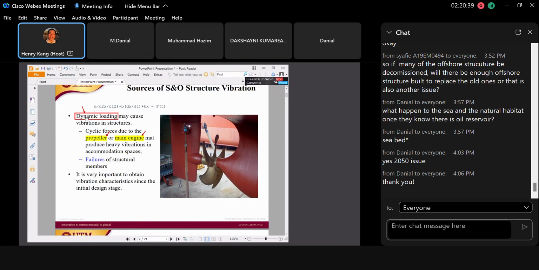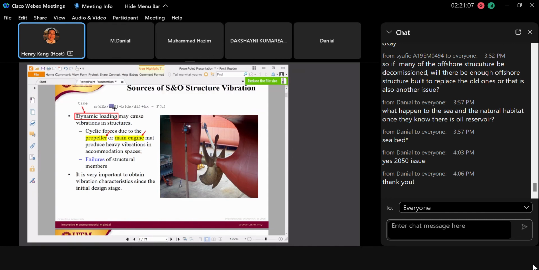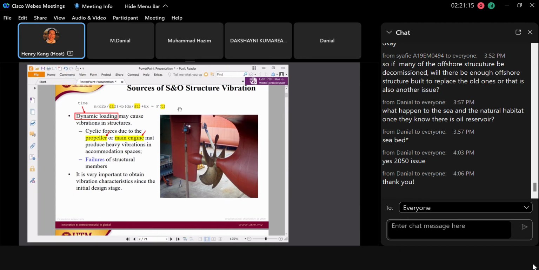When we're talking about dynamic loadings, you learned about dynamics, and what is the difference between dynamic and static? Dynamic has a relation with time. Normally in the dynamic equation, we will expect the time, t.